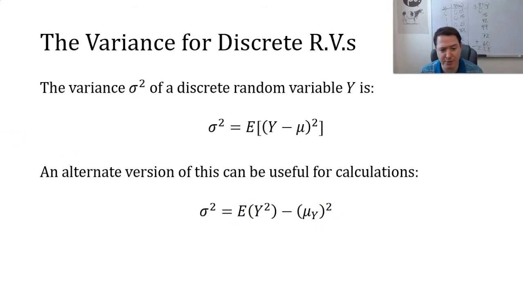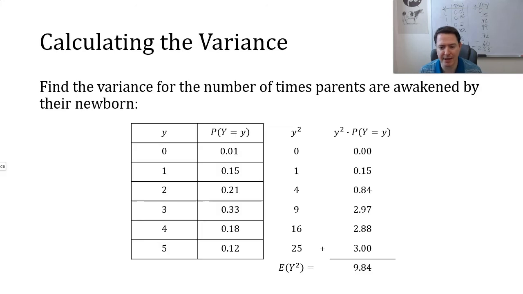So what I need to do, much like the table that I made for the mean calculation, instead of finding the expected value for a single observation by itself, is find the expected value for that observation squared, which sounds odd, and it honestly kind of is, right? So I'm going to take all my y values and square them.